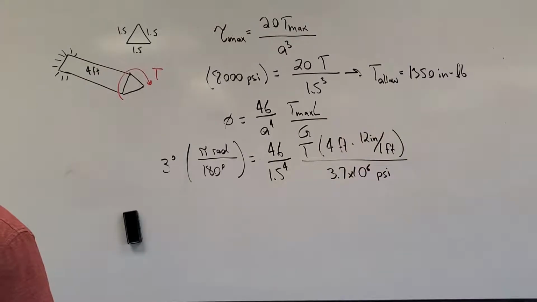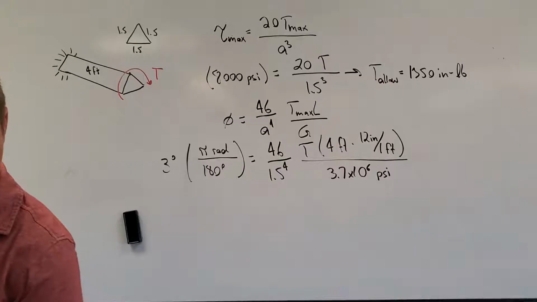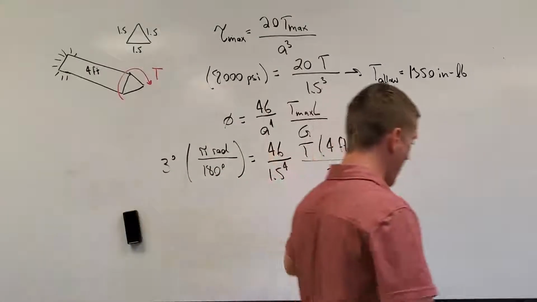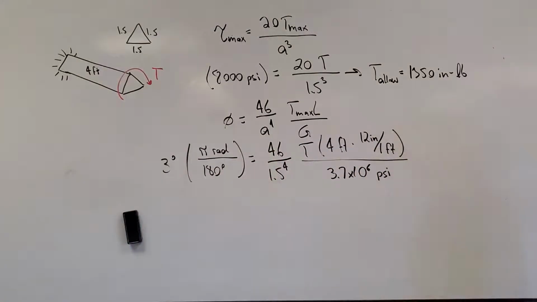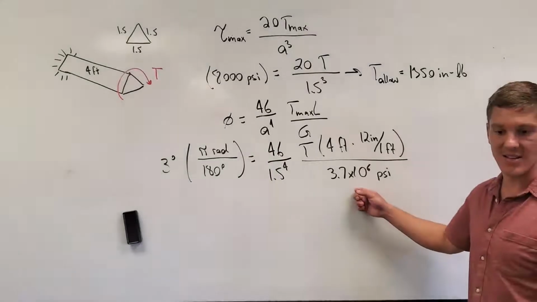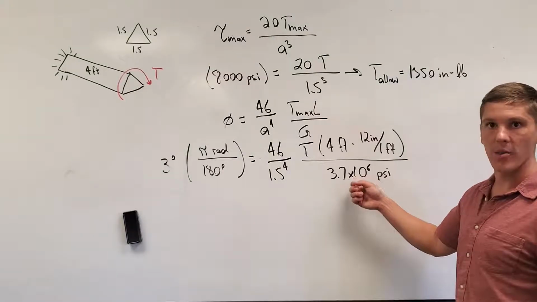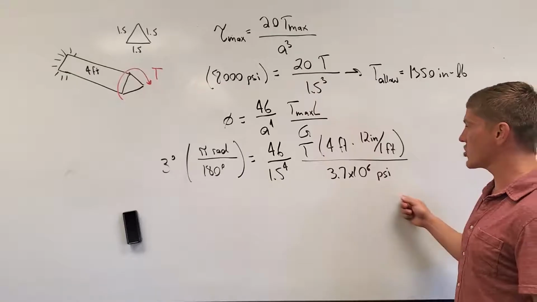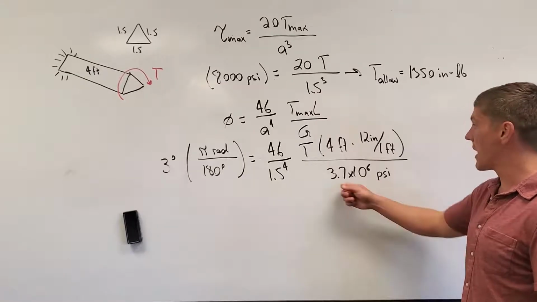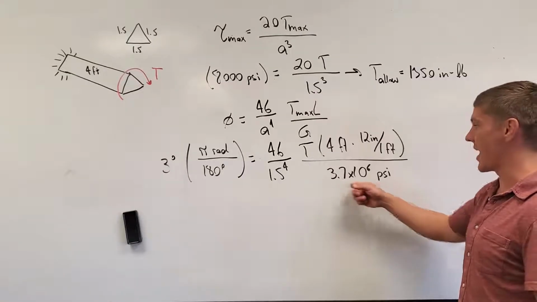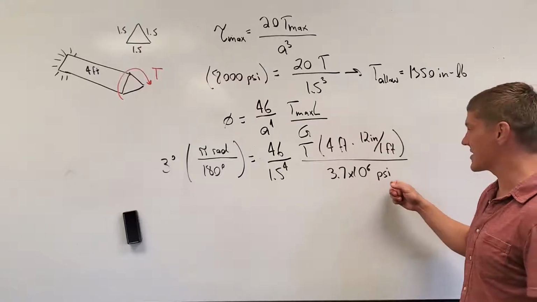It did not give it in the problem, so I looked up this modulus of rigidity from a material properties table. They gave us that it was 6061 T6 aluminum, and the modulus of rigidity for 6061 aluminum is 3.7 MSI, or 3.7 times 10 to the 6 PSI.